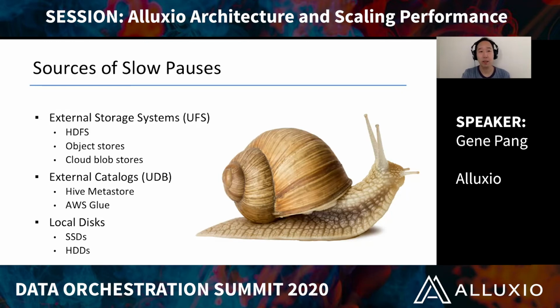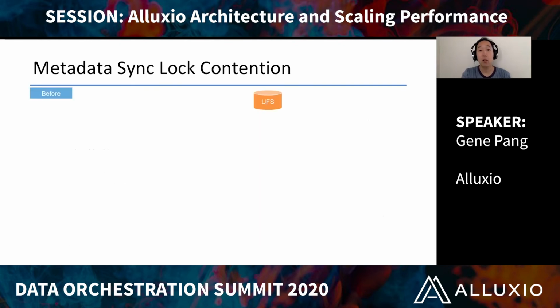So in the following slides, I will talk about some of the recent changes we've made in order to address these specific pauses. The first one I want to talk about is how we do metadata sync and the lock contention related to it. Metadata sync is something that Alluxio performs in order to sync the namespace of the UFS with the Alluxio namespace.